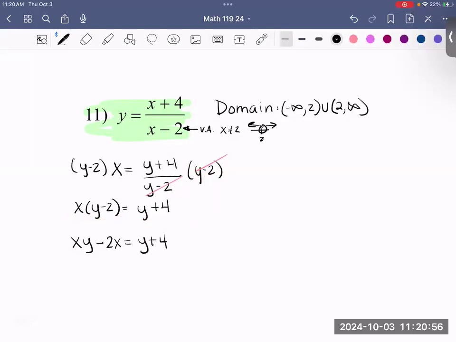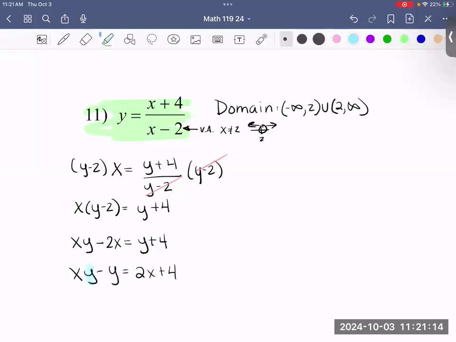And now we want to get your y's on one side. So getting your y values on one side, we can subtract y from the other side and add 2x to the other side. And then we can go ahead and see if we can factor out your y.